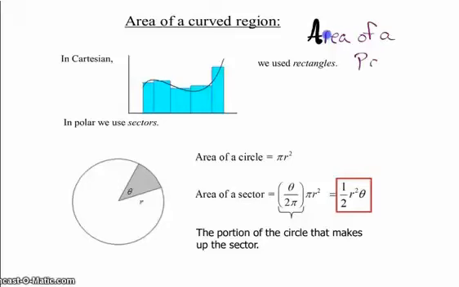Now, just as a review, previously we have found areas of curved regions in the plane by using areas of rectangles. Our rectangles don't even have to be all the same width, or they're definitely not the same height.